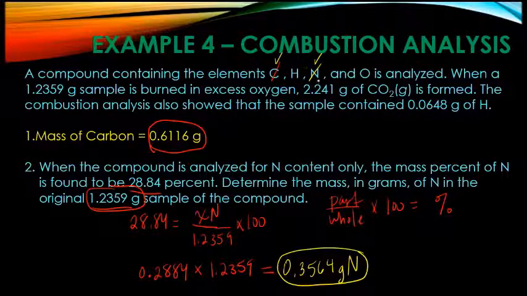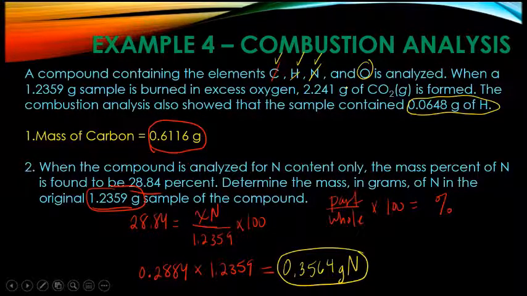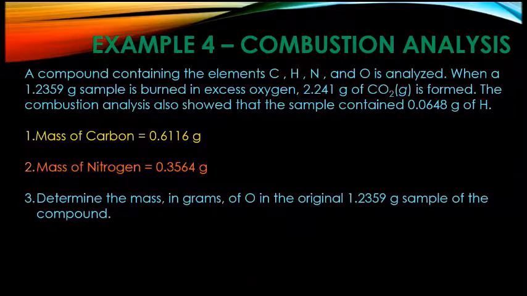Check and check. The one thing also we were told in the problem is our grams of hydrogen in that original sample. So we actually have this part too. So that's out of the way. The last thing to find in order to do the empirical formula has got to be the oxygen. And yes, it says determine the mass in grams of the oxygen in the original sample. Now this is nice because it becomes just a subtraction problem.